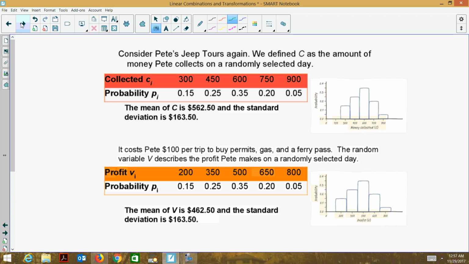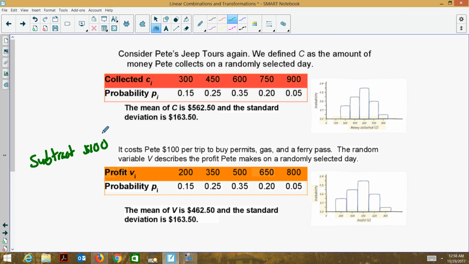So we've defined the mean and standard deviation once he charges. But it costs Pete $100 per trip to buy permits and gas and a ferry pass. The random variable V describes the profit Pete makes on a randomly selected day. So what happens when he has to subtract $100 from whatever he ends up doing? So if he drives 2 people, he's subtracting 100. It's now 200. 3 people, he's still subtracting 100.